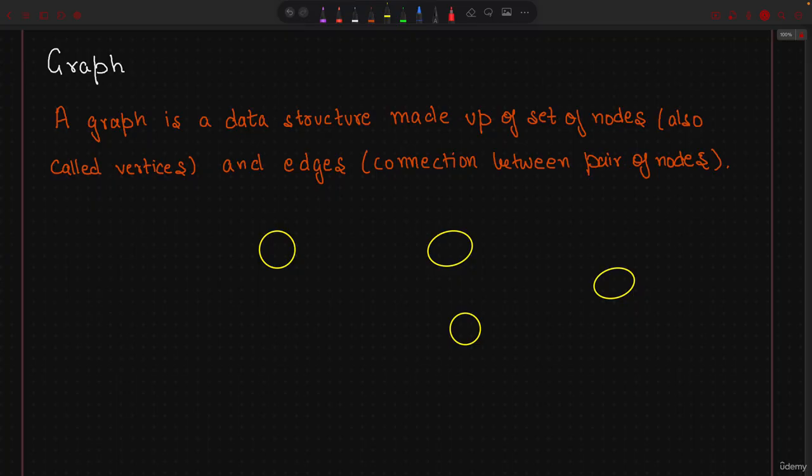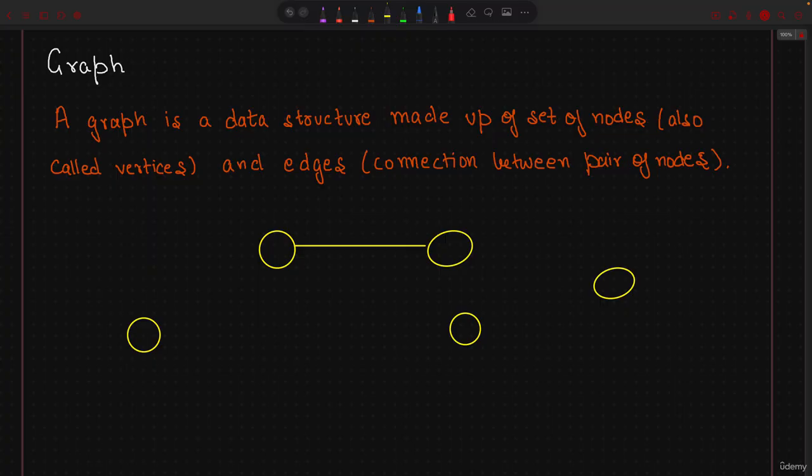The one which I have drawn is actually a graph. If I join two of the nodes, this is also a graph. Let's say I create another node outside. Still it's a graph, because according to the definition, it's just a data structure made up of a set of nodes and edges, something which is connecting these nodes.